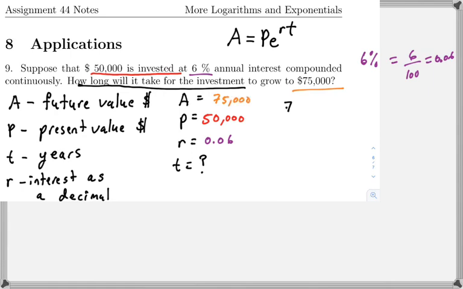So we're going to go ahead and plug that in. So 75,000 is equal to 50,000 e raised to the 0.06 times t. So this is an exponential equation, so we're going to first isolate the exponential, and the exponential is e raised to the 0.06t.